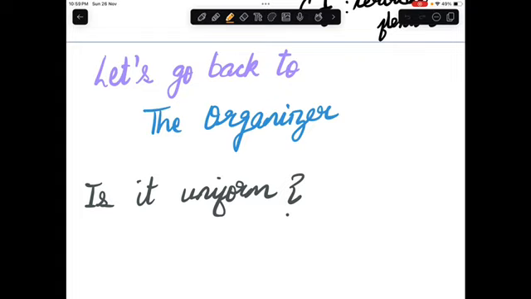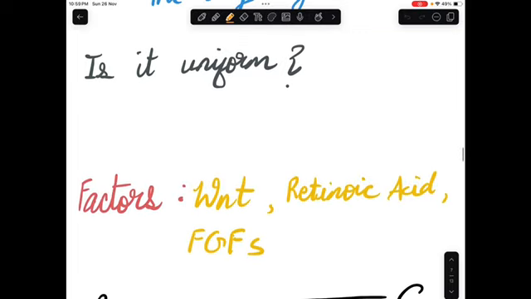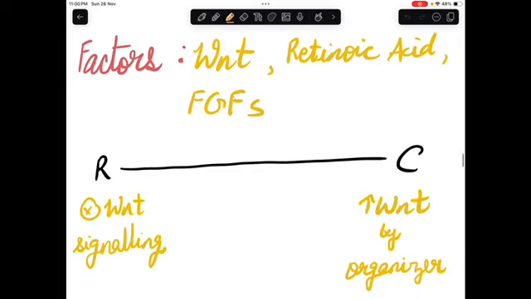What are these factors? One of them is WNT, which is an acronym based on the founding family members, that is Drosophila wingless protein and mammalian INT proto-oncogene protein, and other proteins like retinoic acid and FGFs. Now, the crazy thing is that at the rostral level, the net level of WNT signaling activity is low, and it increases progressively caudally.